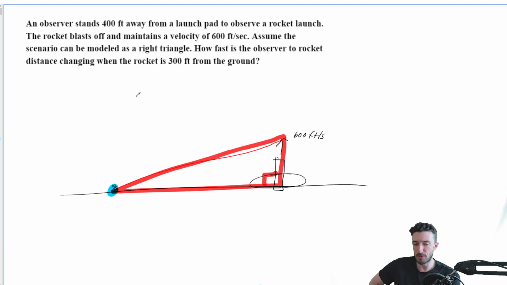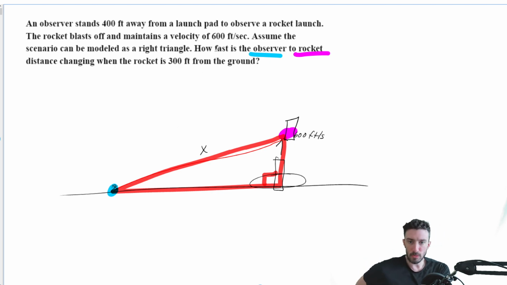Well, if the rocket eventually makes it up here, then the distance from the observer to the rocket, I can call that distance, how about we use x? Now, we want to know how fast is that distance changing.